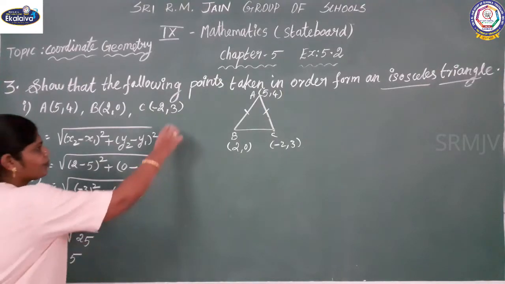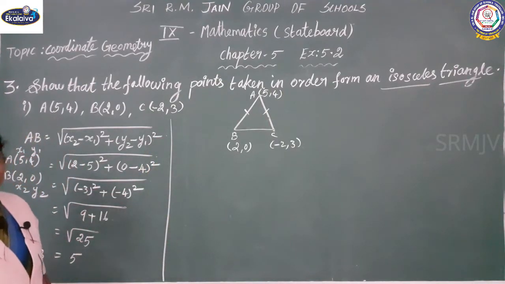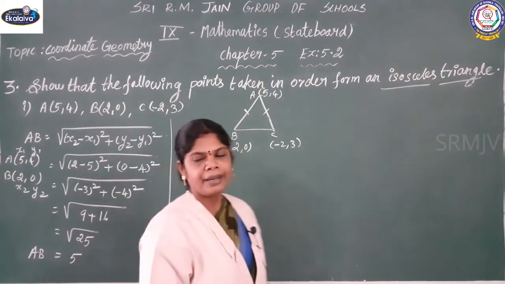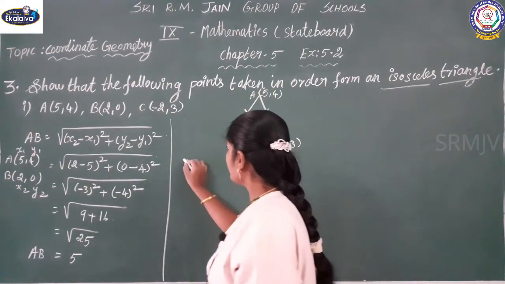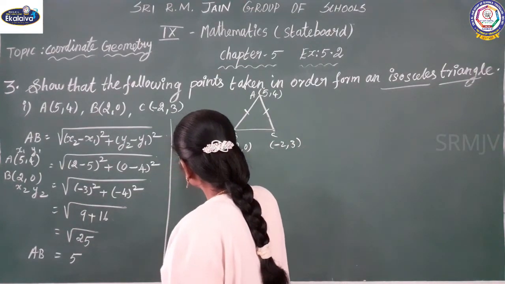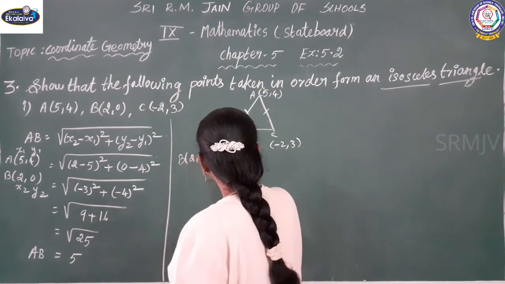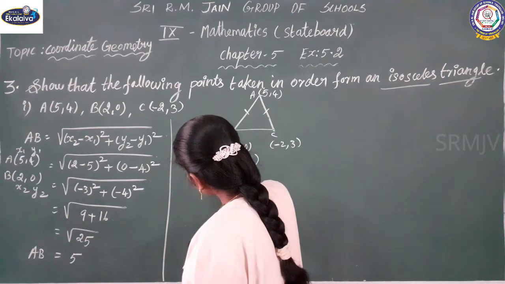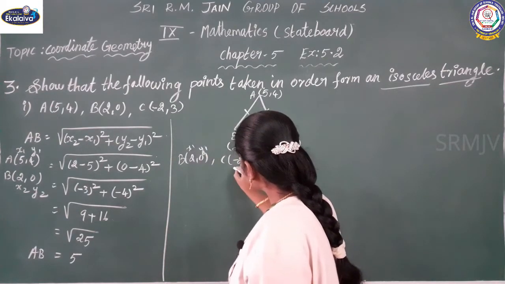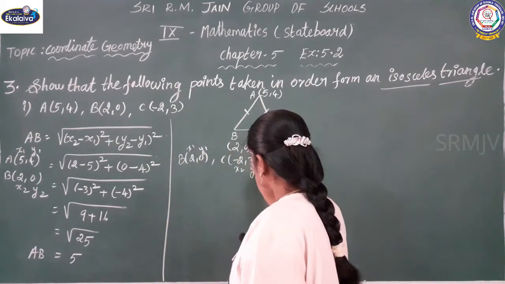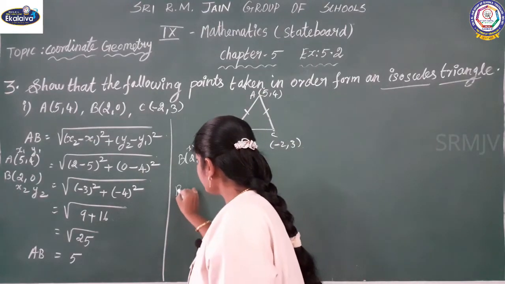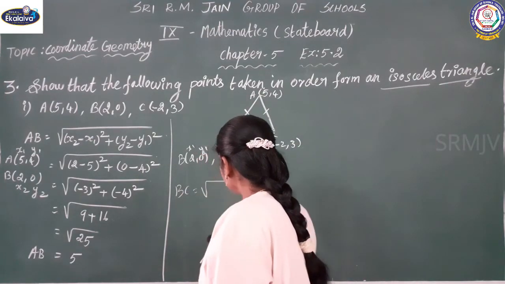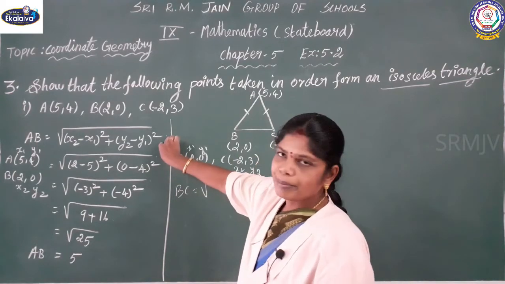Okay children. Next we are going to find the distance of BC. Take the B coordinate (2, 0) and C coordinate (-2, 3). So this is x1, y1 and this is x2, y2. So BC equal to, substitute the values, children, because we have written the formula here.